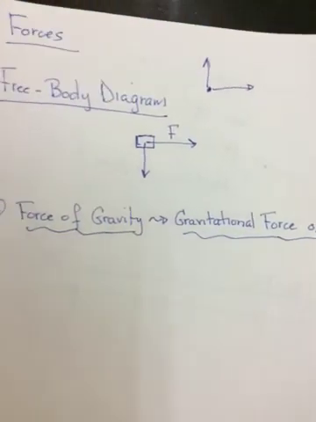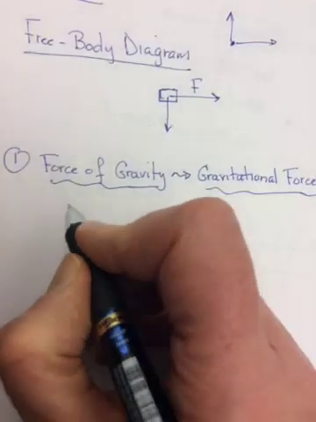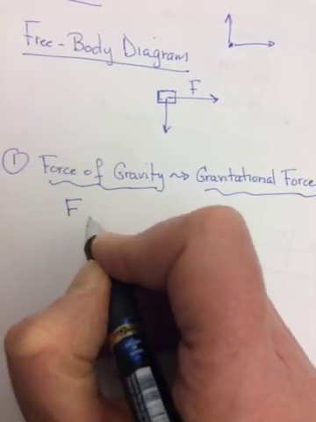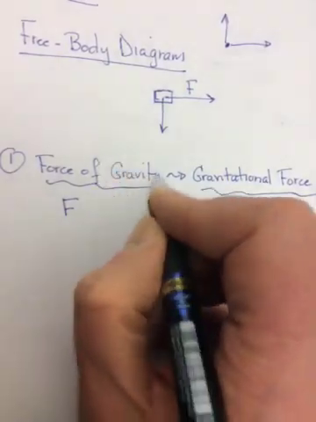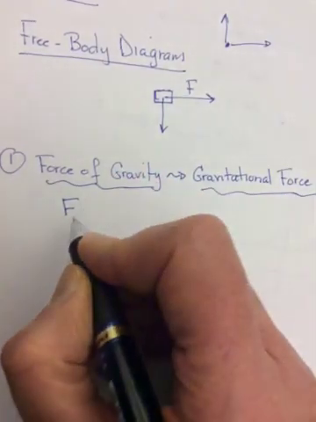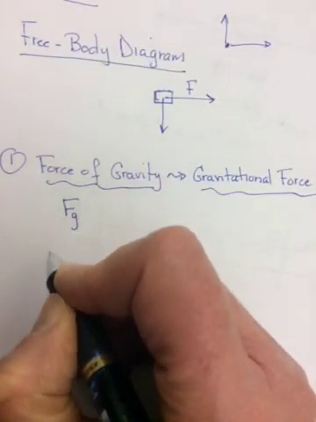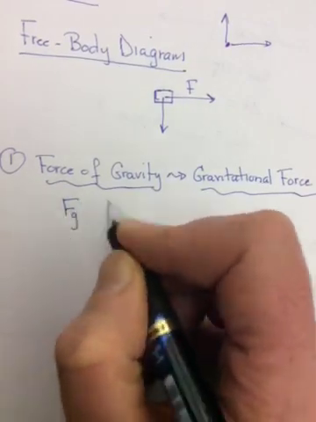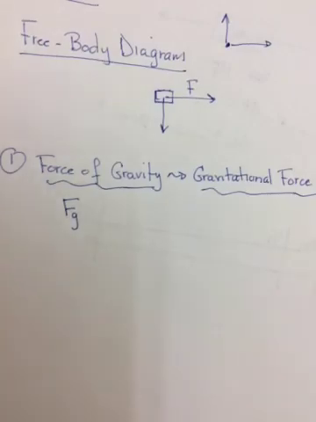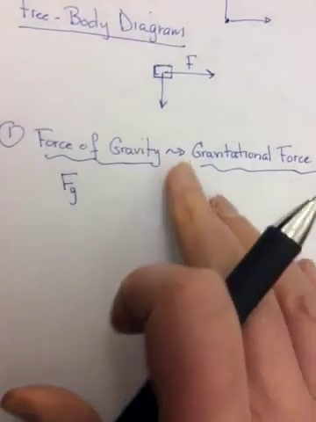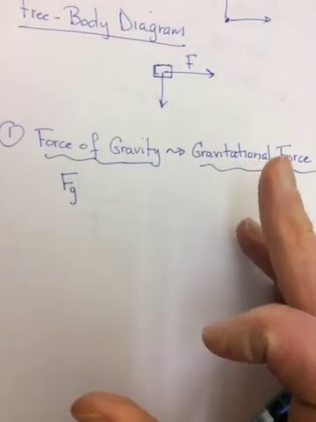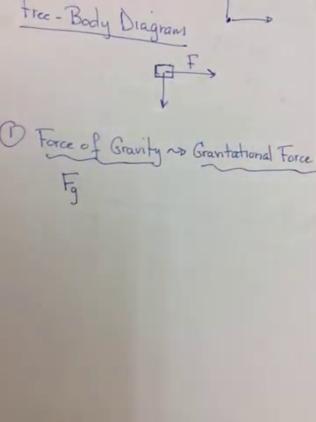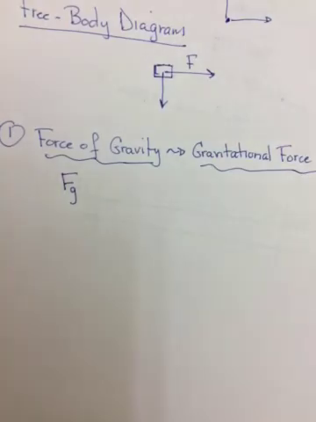Now, for all forces, no matter what they are, the symbol that we use in high school physics is a capital F, with a subscript to tell us about what's causing that force. So the force of gravity we write as a capital F with a subscript G, okay, and that G just means that it's the force of gravity. Whereas if it was the force of friction, it wouldn't be a G there, it would be something else. And we'll get to friction in time.